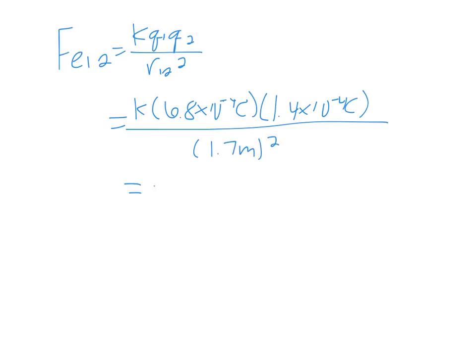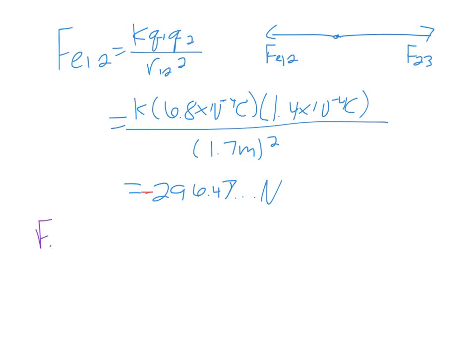And this comes out to 296.47, keeps on going, newtons. Our little force diagram had the force between 1 and 2 going to the left. Force between 2 and 3 was going to the right, so this one would be negative.